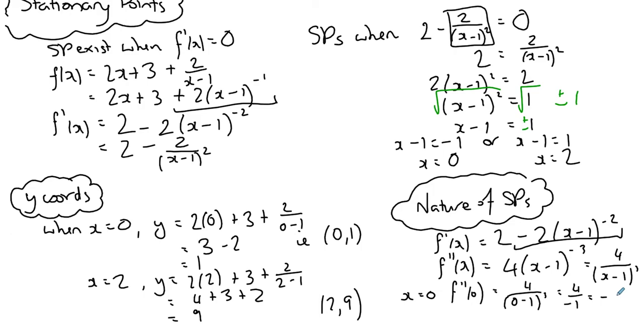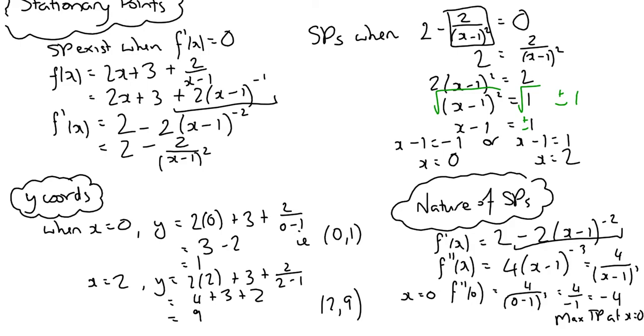And that means it's a maximum turning point at x equals 0. Remember, if the second derivative is negative, it means that it's concave down, which means that it's a maximum turning point.